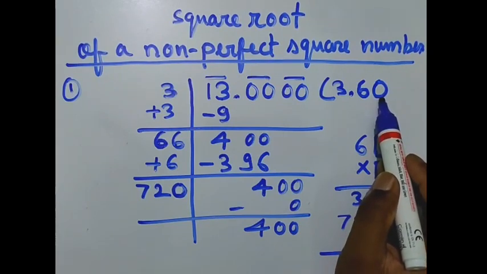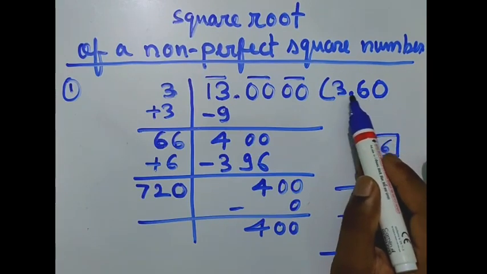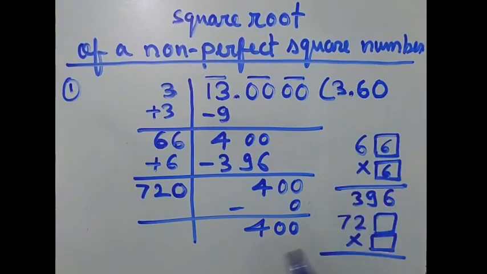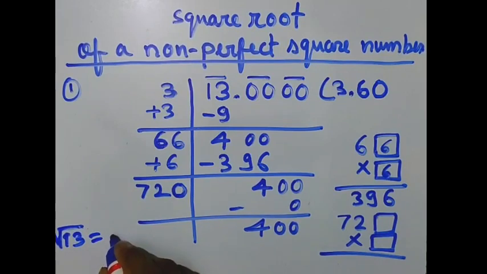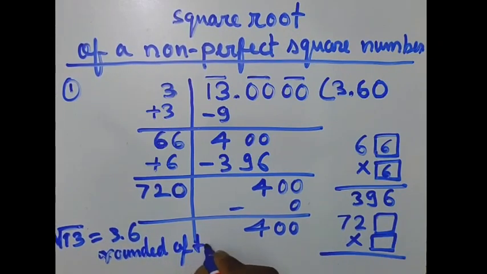It is 0, means it is less, so the number will remain the same. 3.6 will be the square root, so we can say square root of 13 is equal to 3.6 approximately, or we can say rounded off to 1 decimal place.